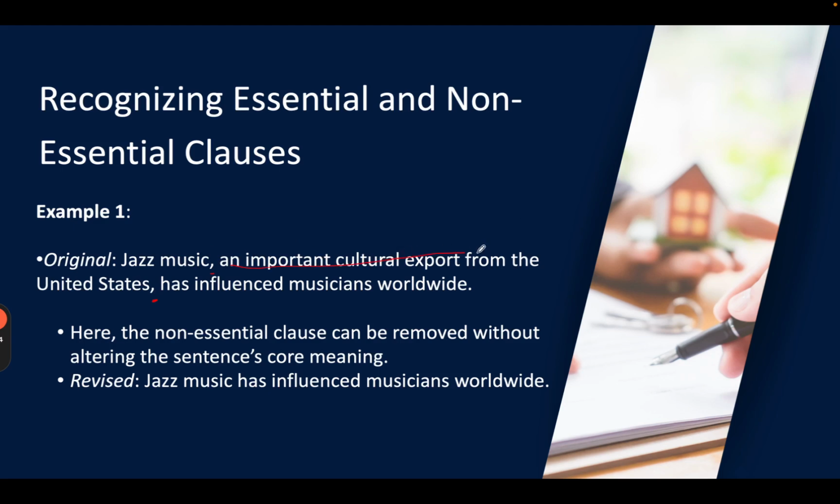Let's remove this bit, simply cut this out. What am I left with? Jazz music has influenced musicians worldwide. It is grammatically correct. It is also conveying the correct meaning that the sentence wants to convey. So the commas are correctly placed. This is non-essential information or a non-essential clause.